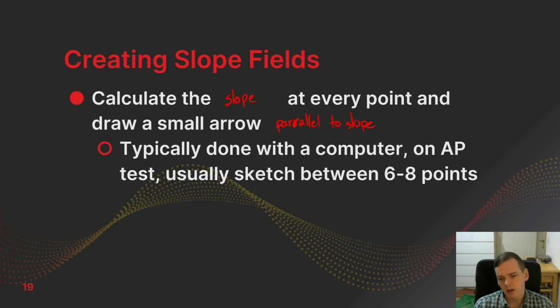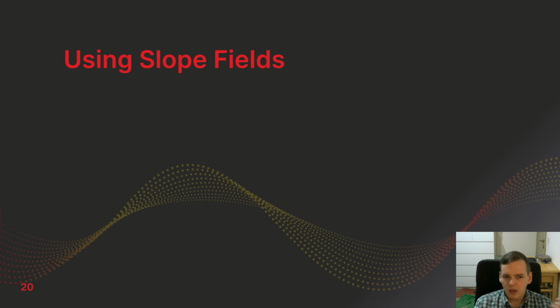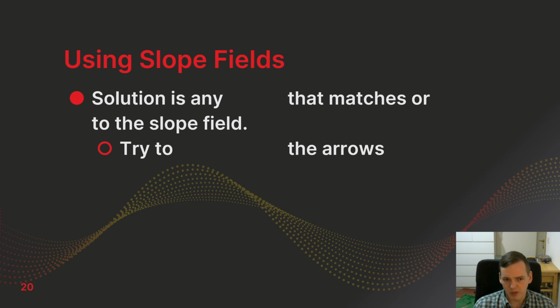They'll say for these 6 points or for these 8 points, sketch the slope field. And typically there'll be a mix of 1 and -1, 0, and like 2 or half or -1/2. Things that are pretty easy for them to look at and see if you have the right idea of those slopes.